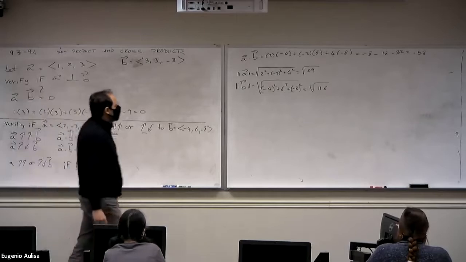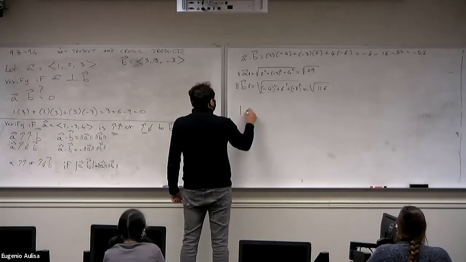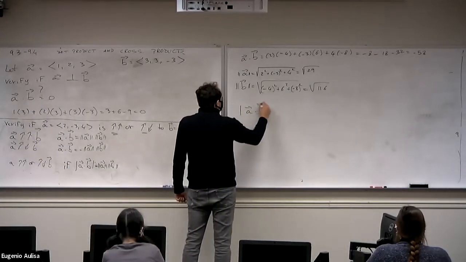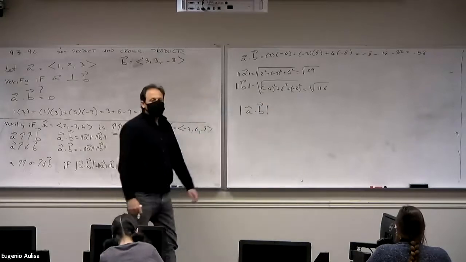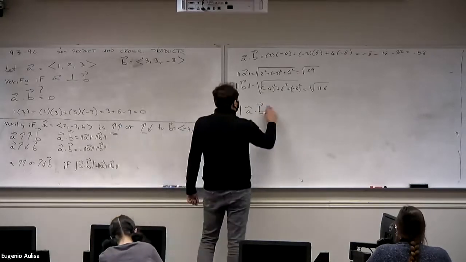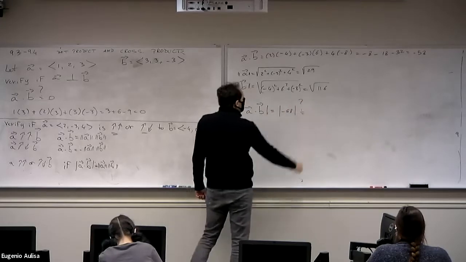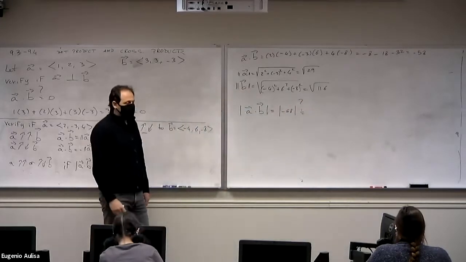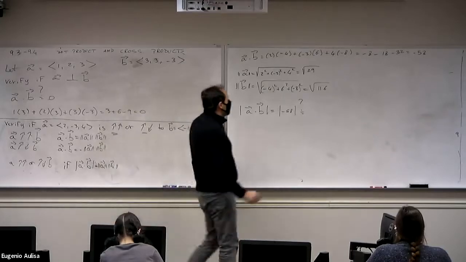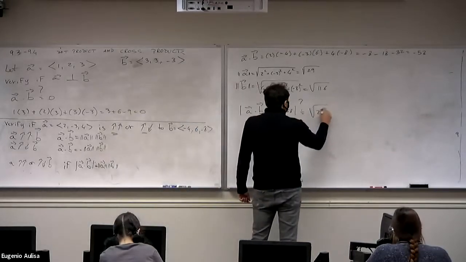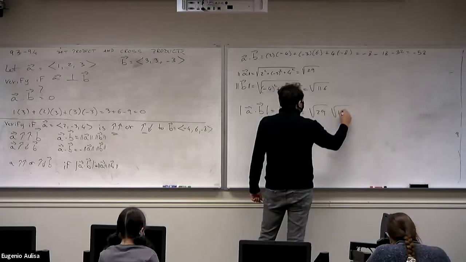So now we have to check if the absolute value of A dot B, which is equal to the absolute value of -58, is equal to the square root of 29 times the square root of 116.